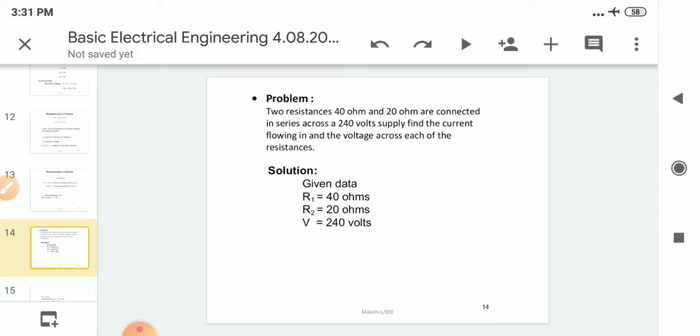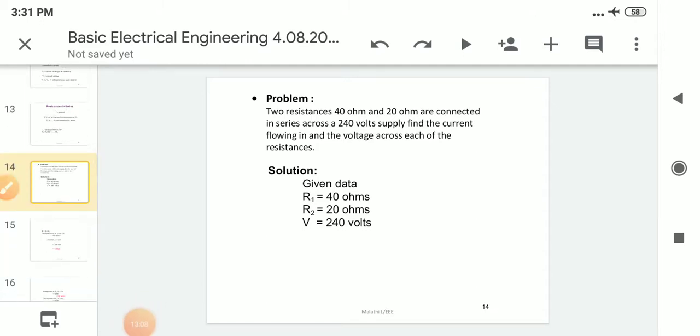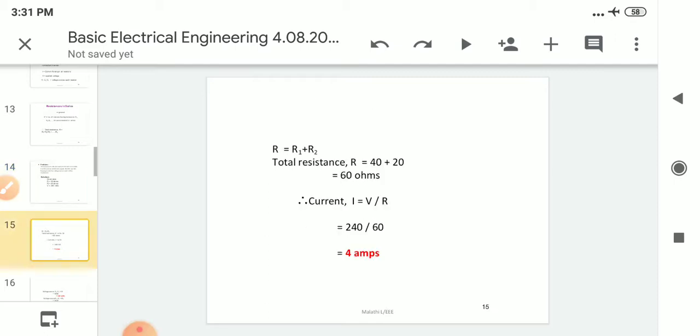Let's see different numerical problems on that. Here the first problem is: two resistances, 40 ohms and 20 ohms, are connected in series across a 240 volt supply. Find the current flowing in it and the voltage across each of the resistances. Here R1 is equal to 40 ohms, R2 is equal to 20 ohms, V is equal to 240 volts.